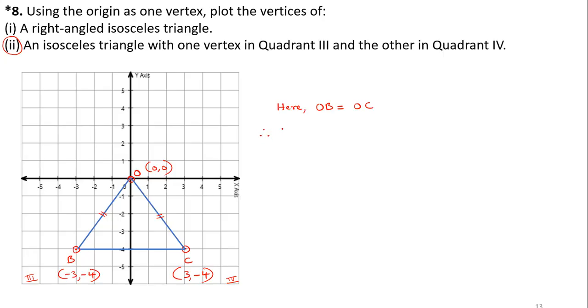Therefore, the isosceles triangle is triangle OBC. So this completes our second sub question of 8.